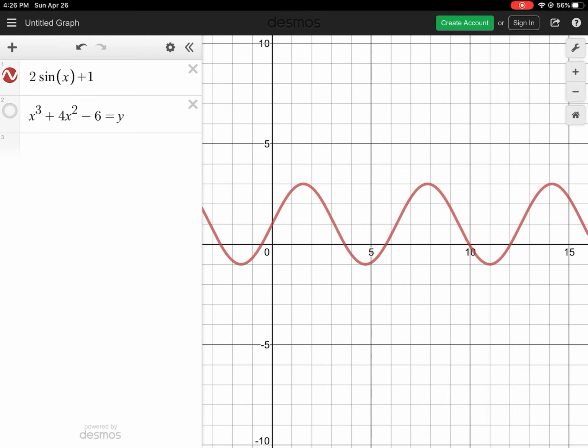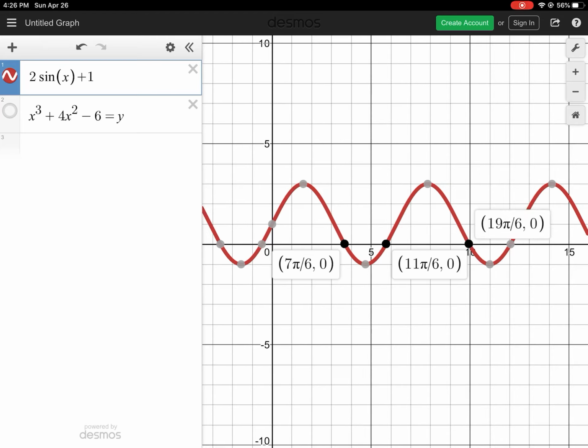I'm going to choose radians. We're going to stick to strictly radians for today's work. And if you want to know where the solutions are, click on those zeros or the x-intercepts. You have one at 7 pi over 6 and 11 pi over 6, 19 pi over 6, 23 pi over 6.